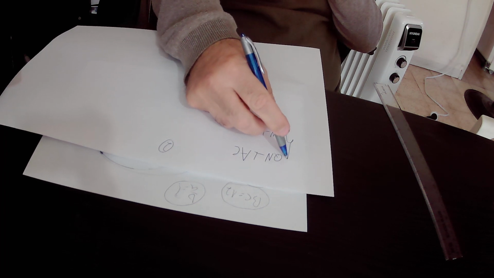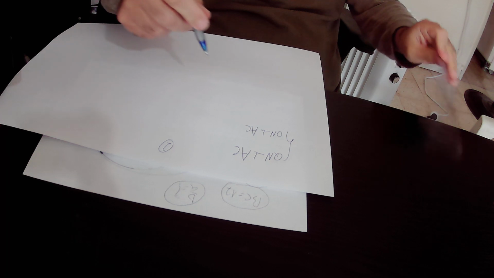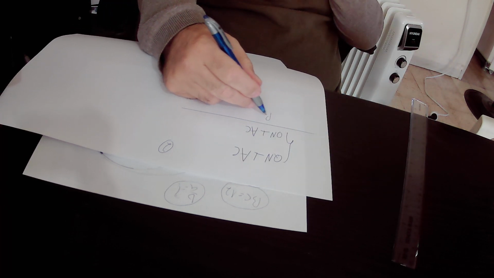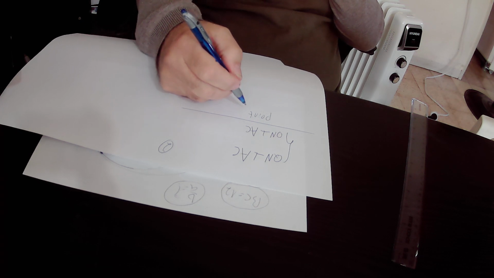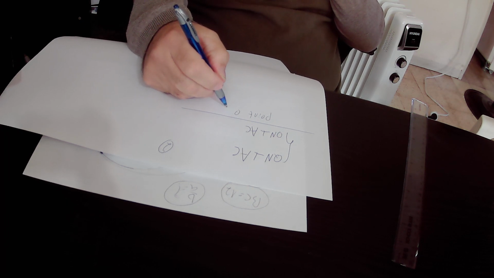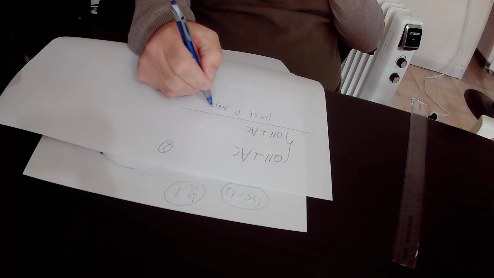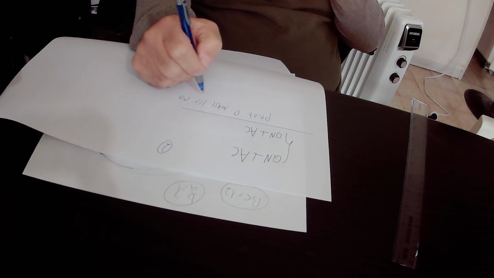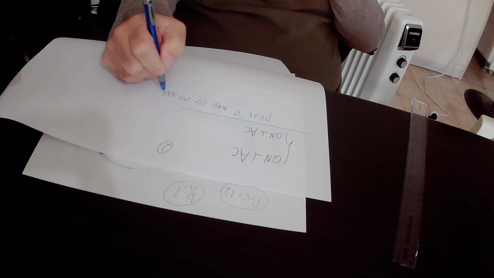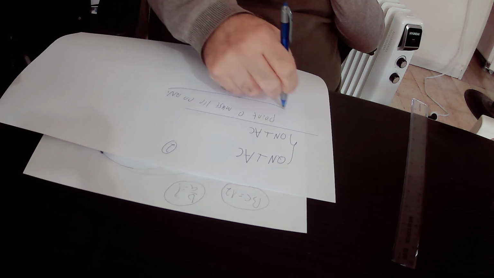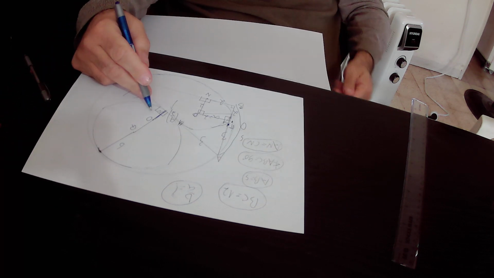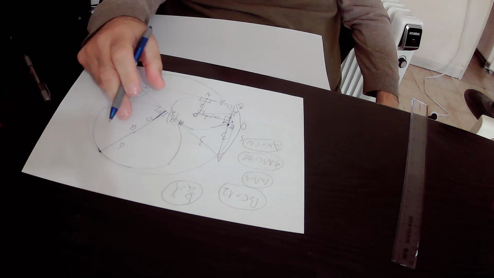And from this, QN is perpendicular to AC and ON is also perpendicular to AC, we derive that point O must lie on QN. This is point O, it must lie on this line segment, on the radius QN.